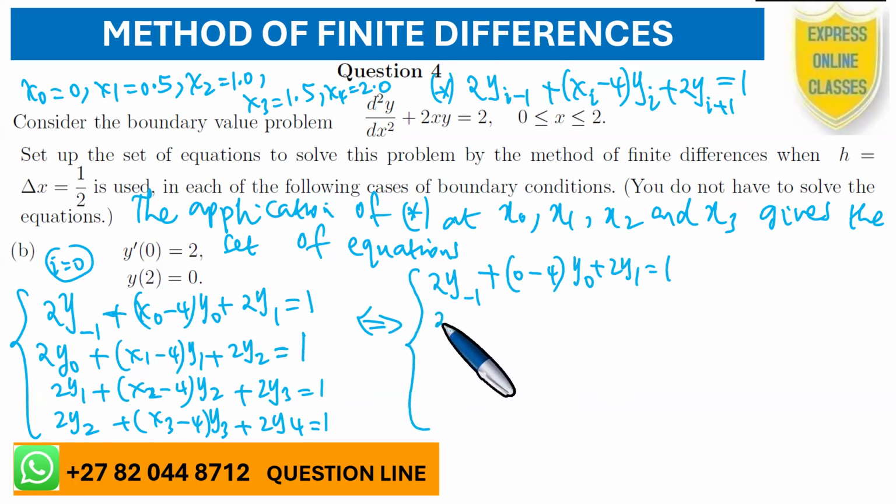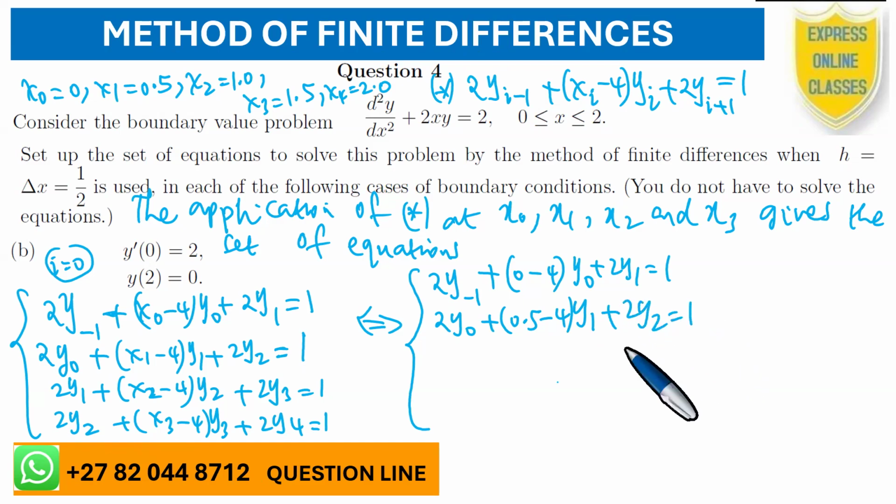Next, 2 y0 plus x1, which is 0.5, minus 4 y1 plus 2 y2, equals 1.